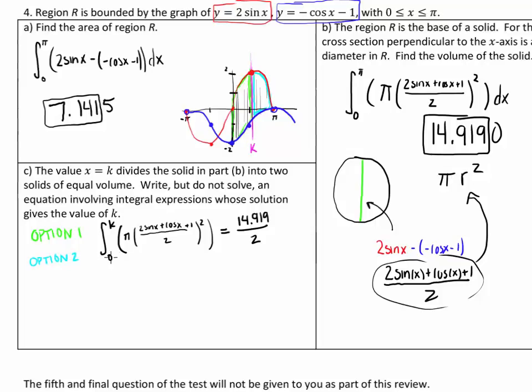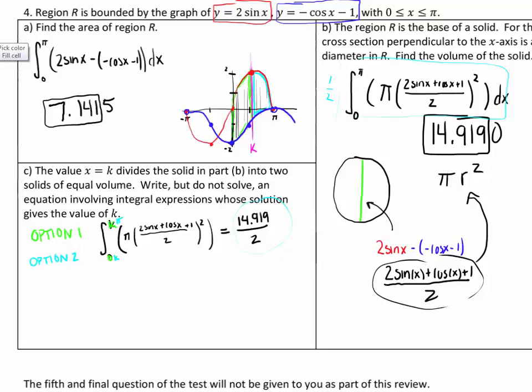Instead of from 0 to K as I would with option 1, option 2 is from K to pi. And everything else is the same. Once again, you could rewrite this to be this entire equation over here with a 1/2 out in front of it, or divided by 2. Either way works.